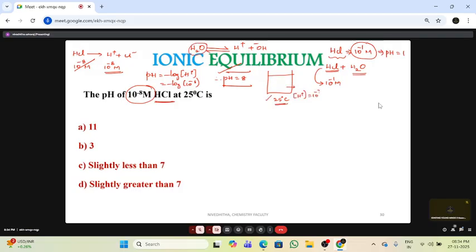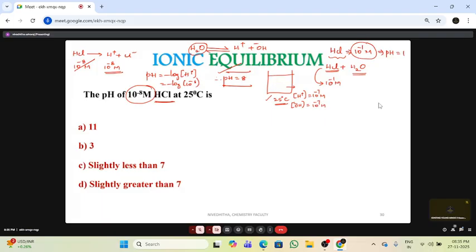If the concentration of H plus ion is 10 power minus 7 molarity, then what will be the concentration of OH minus ion? One water molecule will give one H plus ion and one OH minus ion, and the concentration of H plus and OH minus ion will be the same, right? So if the concentration of H plus ion is 10 power minus 7, then the concentration of OH minus is also 10 power minus 7.